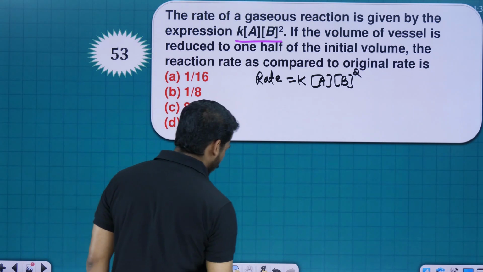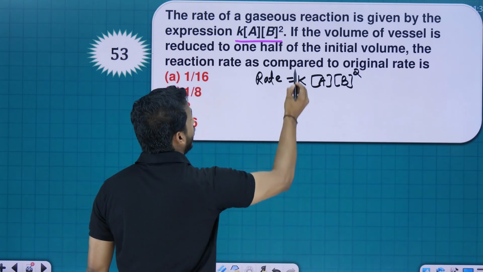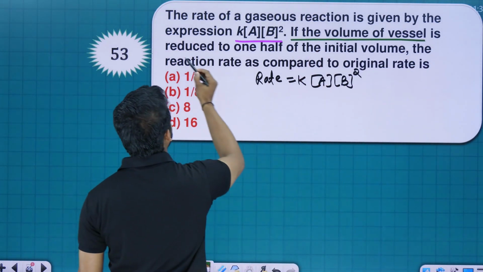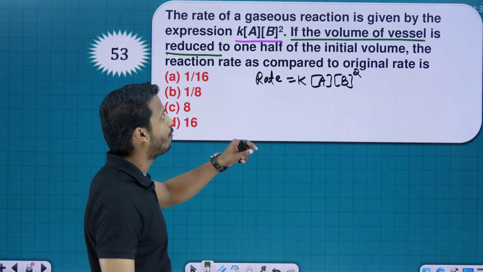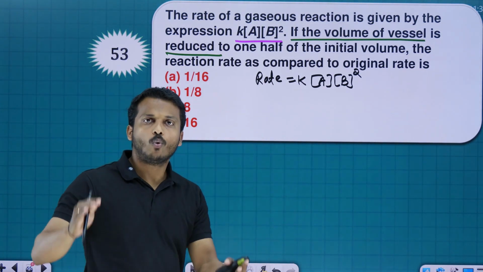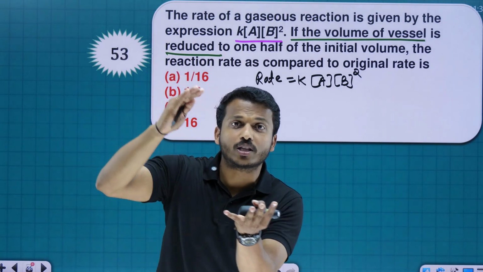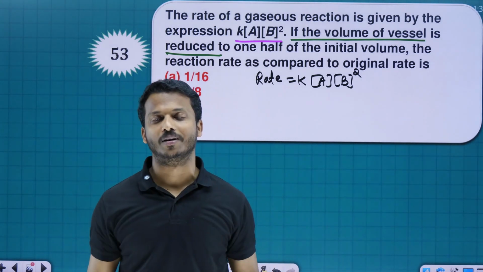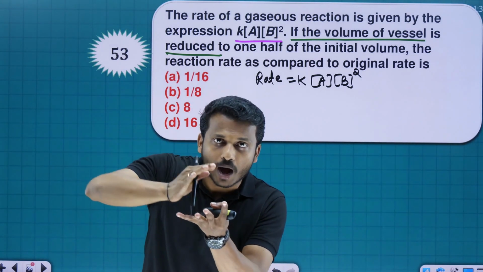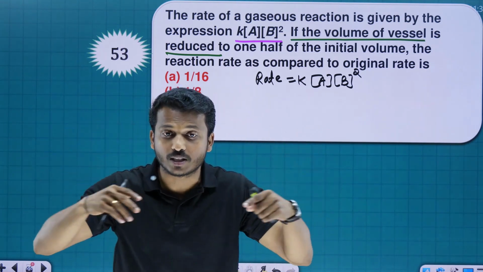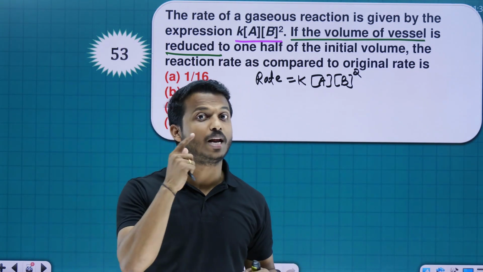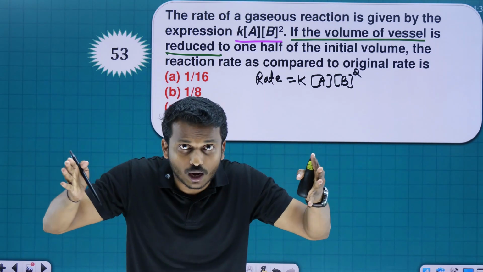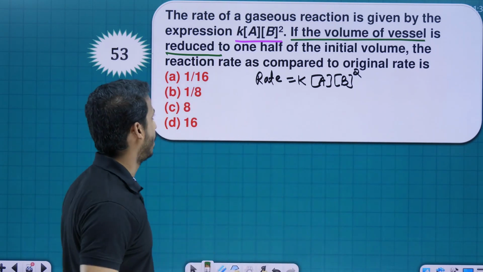If the volume, very carefully read the question, my dear, very carefully. If the volume of the vessel is reduced to 1/2 of the initial volume, what happens if you reduce the volume? Concentration doubles. If you reduce the volume to half, concentration in the system will be double. That is the main point, okay? If you reduce the volume to half, concentration is doubling.